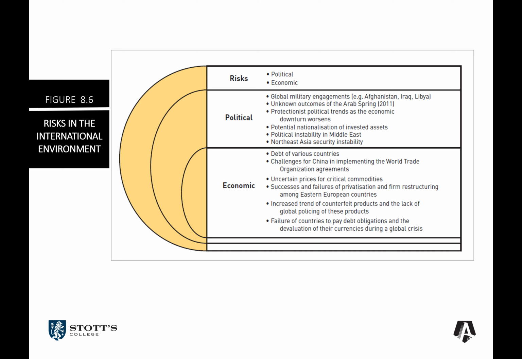And failure of countries to pay debt obligations, to default, which may infect their currencies during a global economic crisis. And we're just about to enter a global economic crisis that is different to any other global economic crisis that we've had in the past. But we'll see how we get through that.